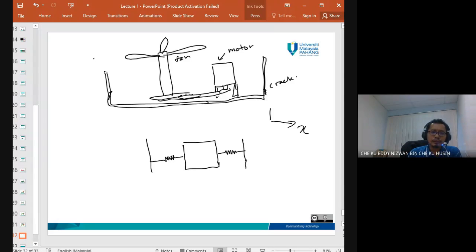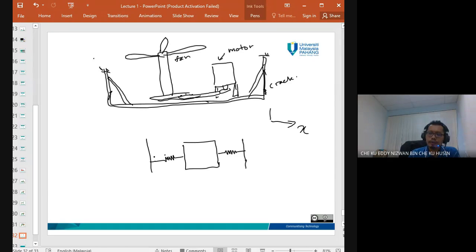This one is fitted to another structure, so the stiffness depends on the stiffness of this structure, this part and this part. So you can increase it. You can add stiffness, stiffen the structure, add something like this, and then you can get a new K equivalent.